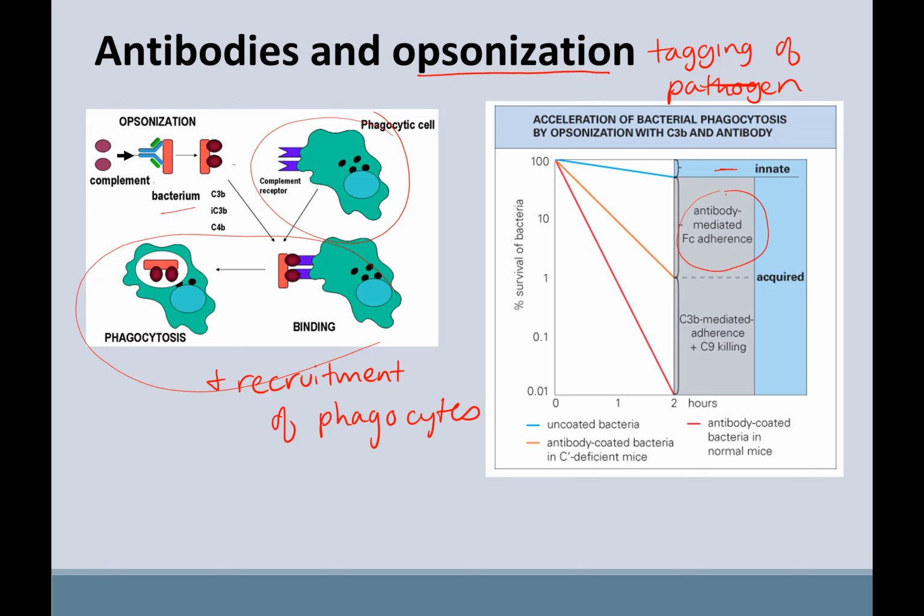Once you start putting antibody in there, and antibody with complement, you bring down the levels of bacteria, or you accelerate the phagocytosis by using these two pathways.